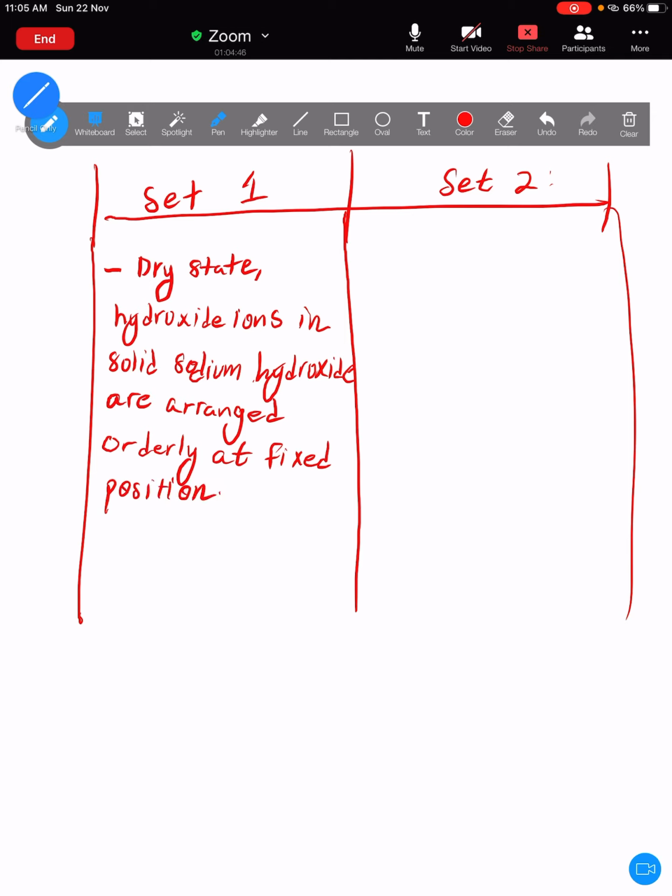Okay. So what if they don't have any free moving hydroxide?